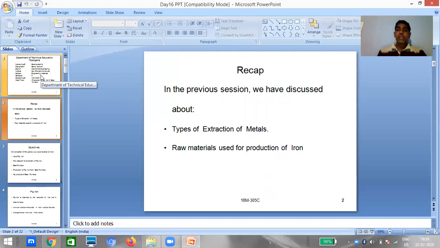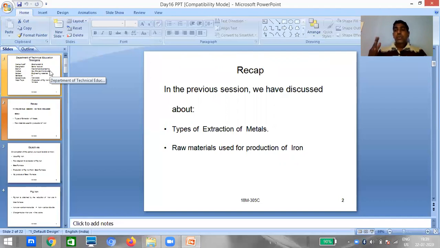Pig iron is made from blast furnace, and later we have discussed how wrought iron is made from puddling furnace, which is having 99% purity. And later we have discussed how cast iron is made from cupola.